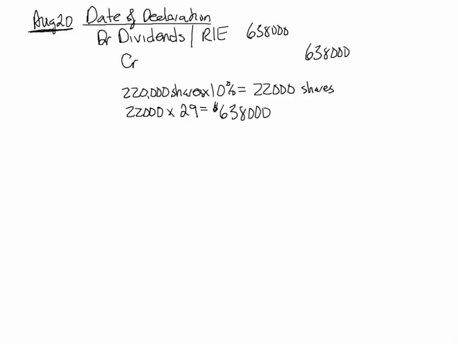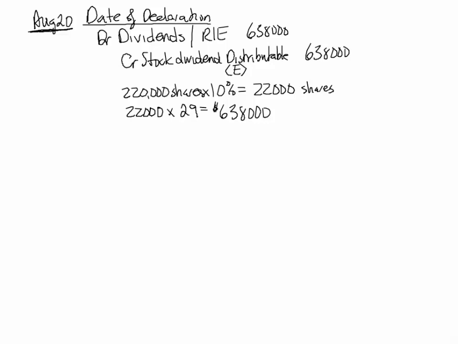Instead, we have to have a holding account that recognizes what's going to disappear is not cash, but shares. So we use an equity account called stock dividend distributable. This is an equity account.